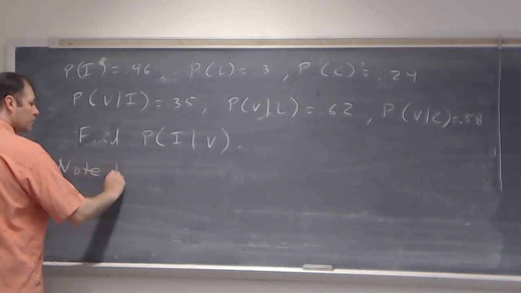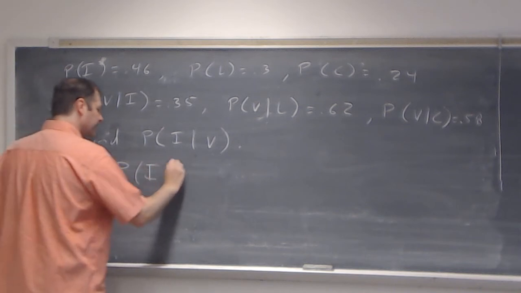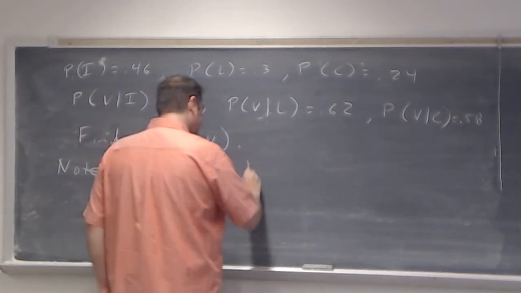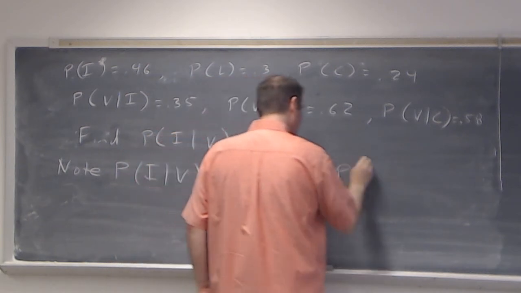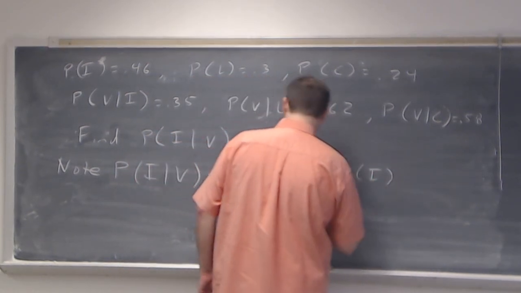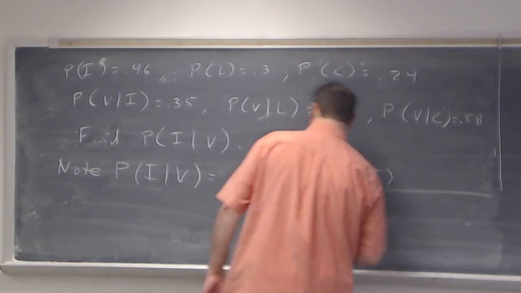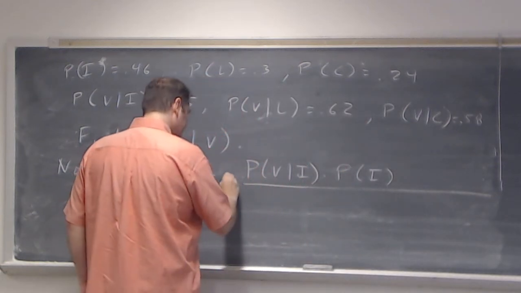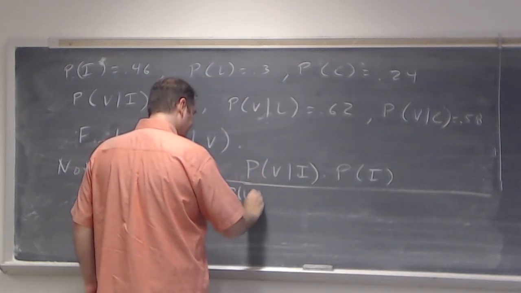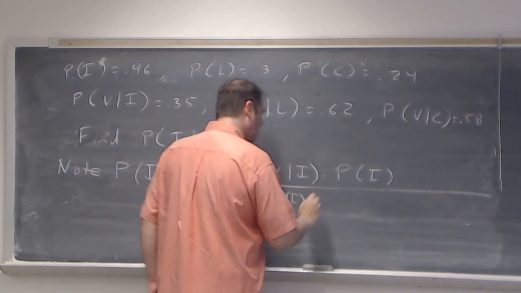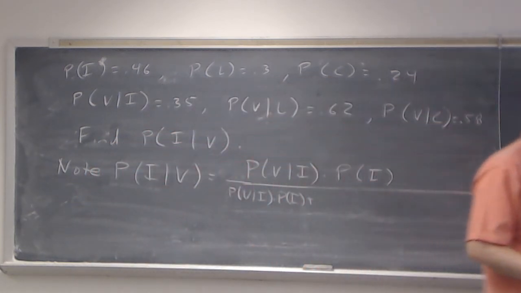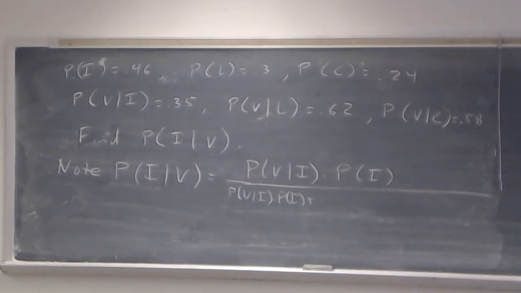Note, the probability of being independent given that they voted is the probability that they voted given that they were independent, times the probability that they were independent, all over the probability that they voted given independent times the probability of independent, plus, if you think of the categories, there were only 3, and they were mutually exclusive and exhaustive.